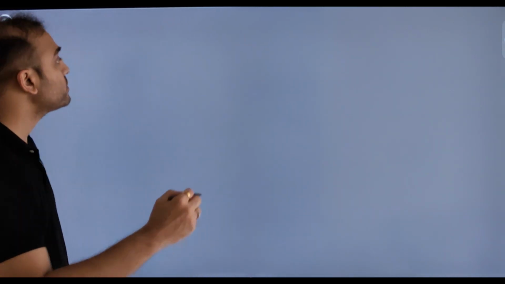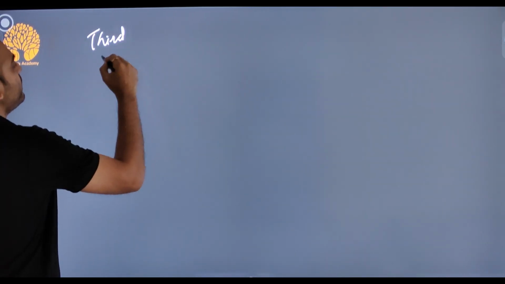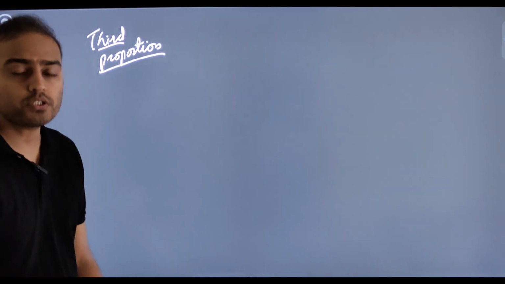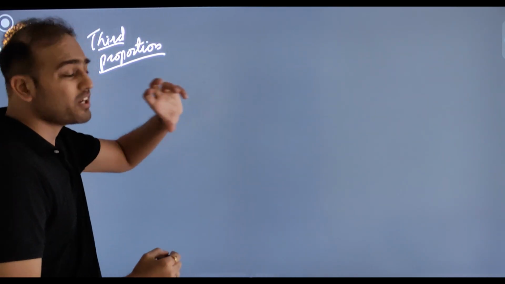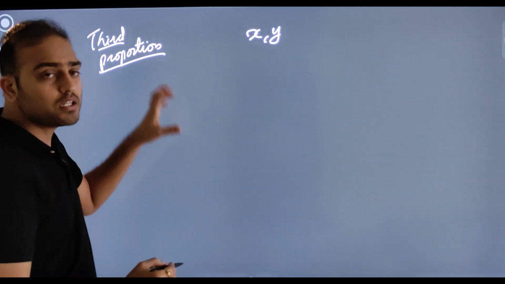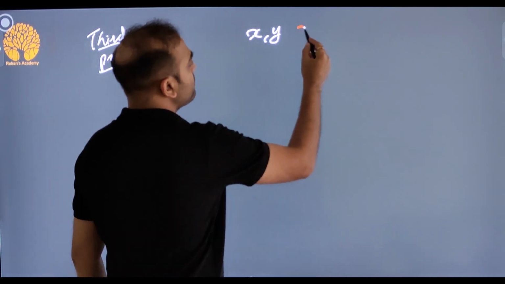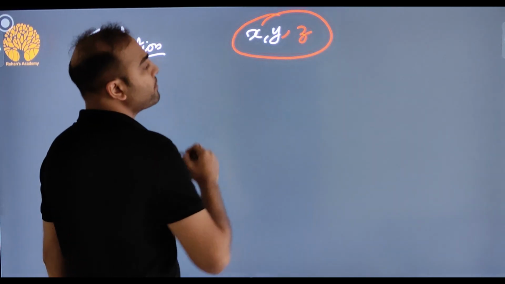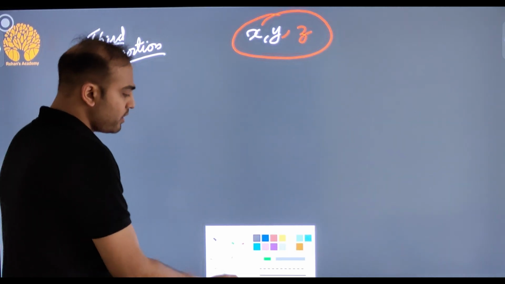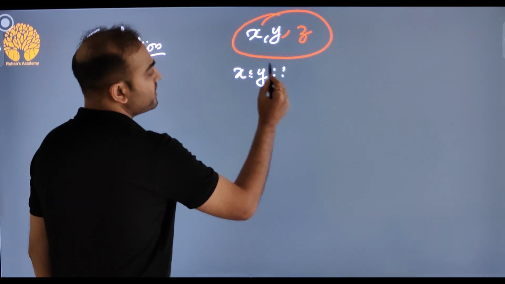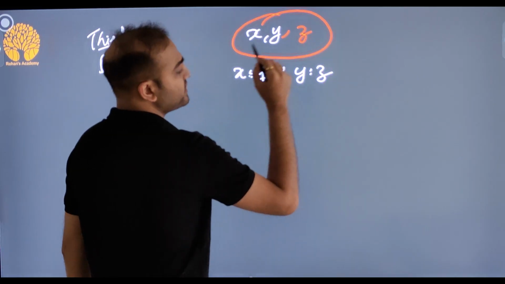If you understand that, then you will now understand the concept of third proportion. What will be third proportion? A third number. There are already two numbers given to me, say x and y. Now this third number z will come and make all of these come under a proportion. How will that happen? We write x is to y is in proportion to y is to z.